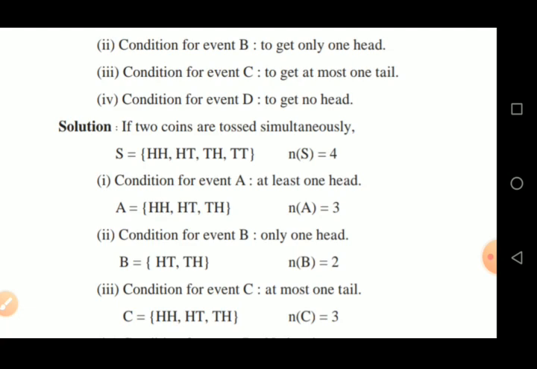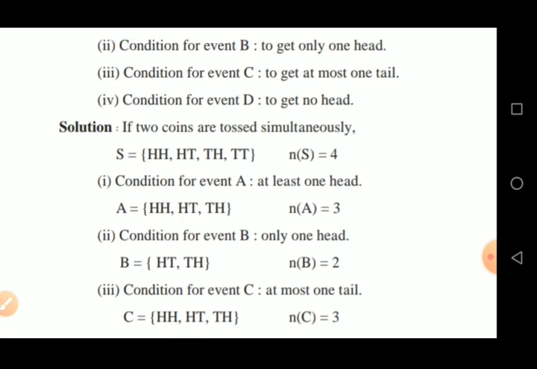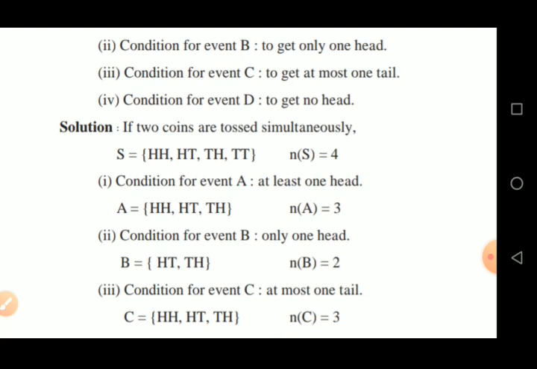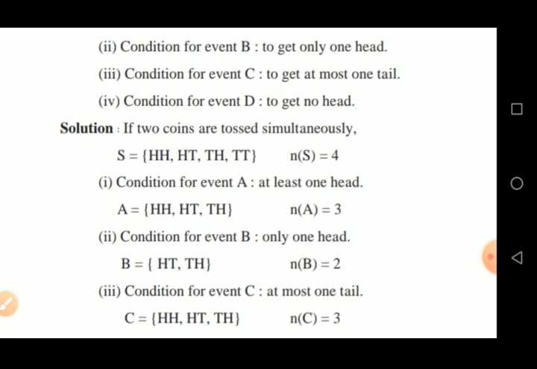At most means maximum one tail should be there. The condition is not for the minimum, the condition is for the maximum. Now C = the condition for the maximum is given. That means maximum one tail should be there, not more than one tail.